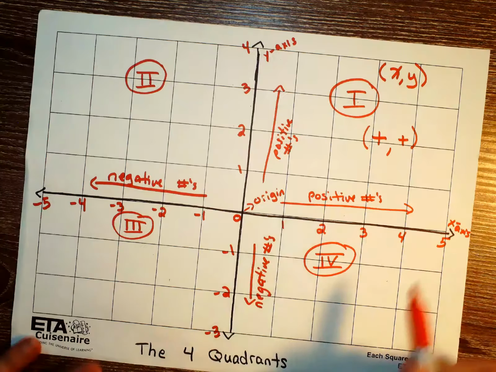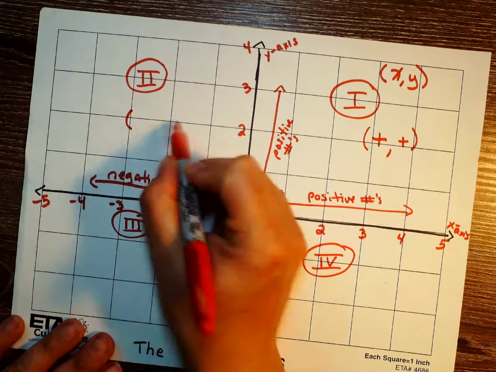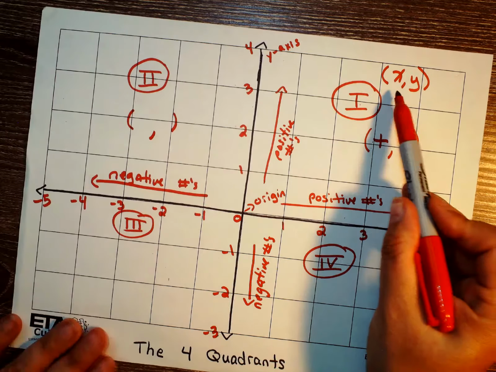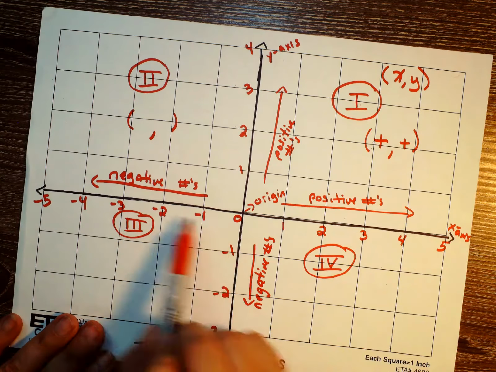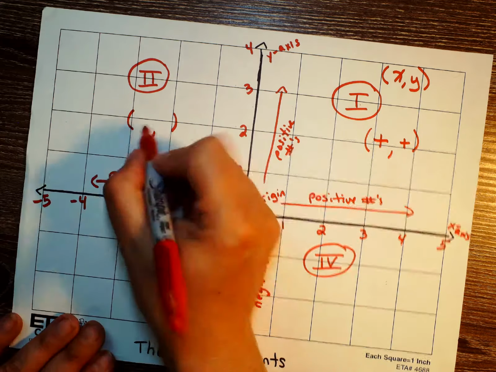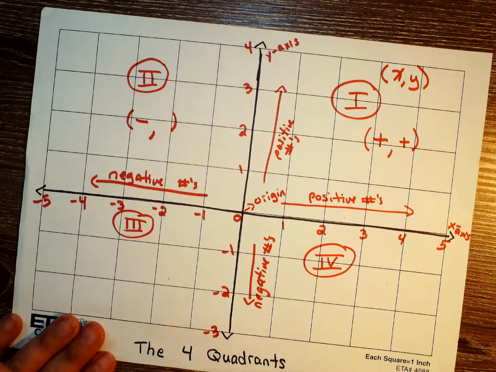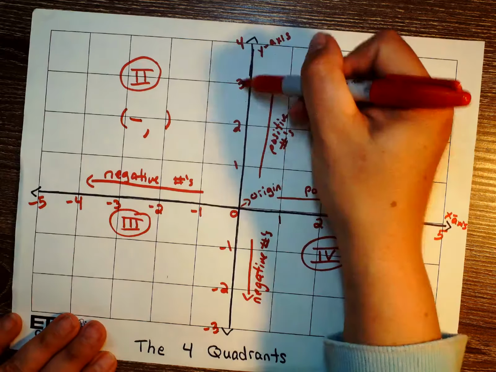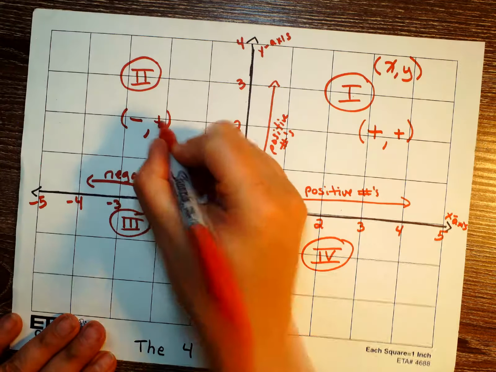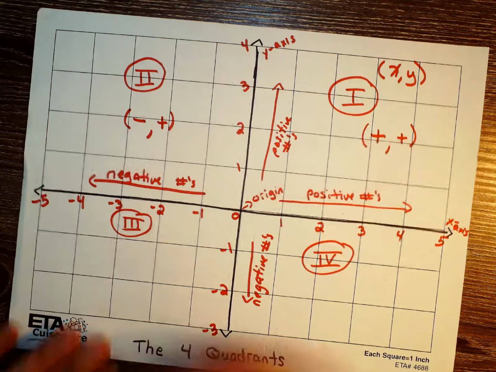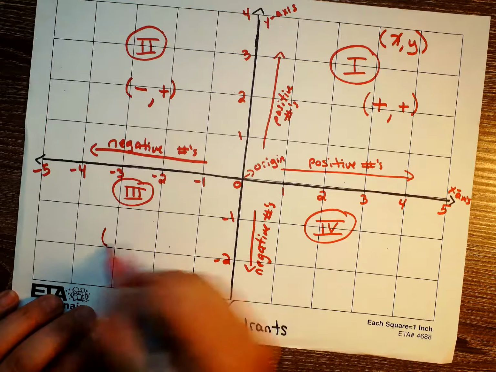Let's go to quadrant 2. Remember, X is first. Look at my X: it's negative, but my Y is still positive. Now quadrant 3.